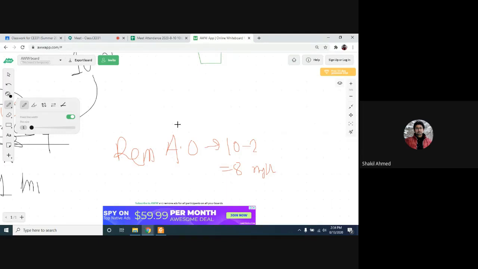Professional exam means any type of exam, higher study or BCS, anything. You need to know these things very well. So biochemical oxygen demand, the bio represents the biodegradable organic matter, and chemical oxygen demand represents the majority, almost all kinds of organic matter, both biodegradable and non-biodegradable.